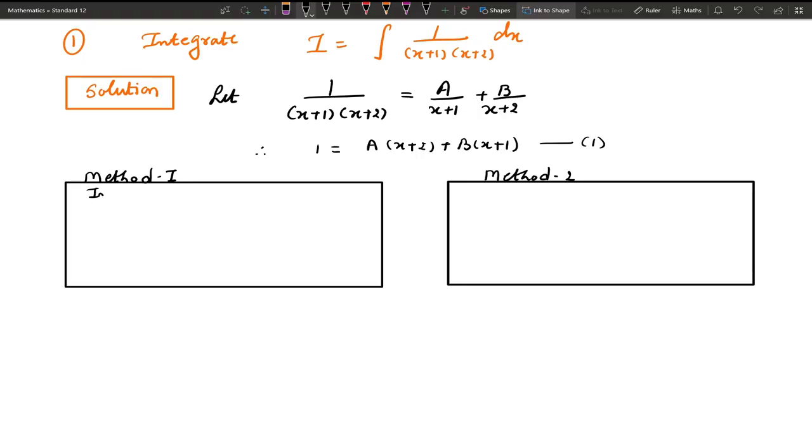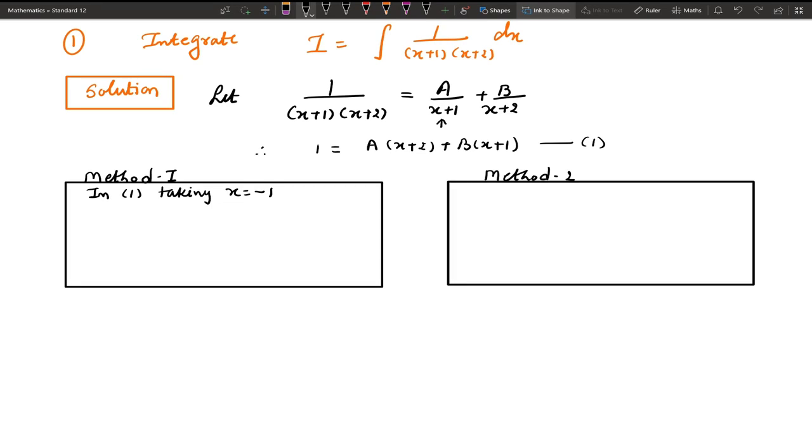In one, take x equal to minus 1. How to select these values? In the denominator of a upon x plus 1, to make the denominator 0, x plus 1 equal to 0, you have to take x equal to minus 1.